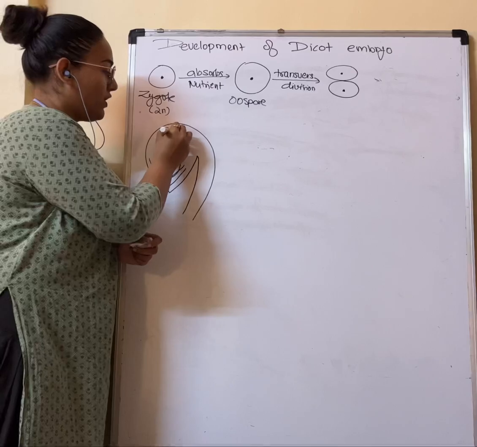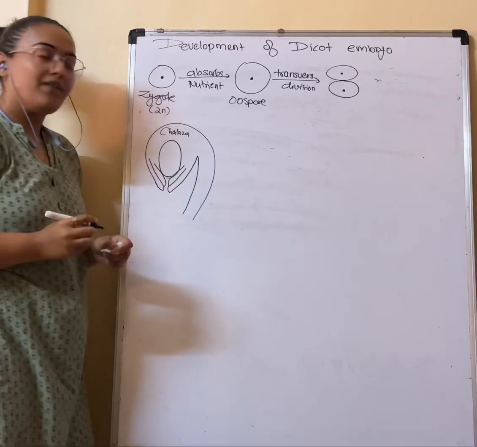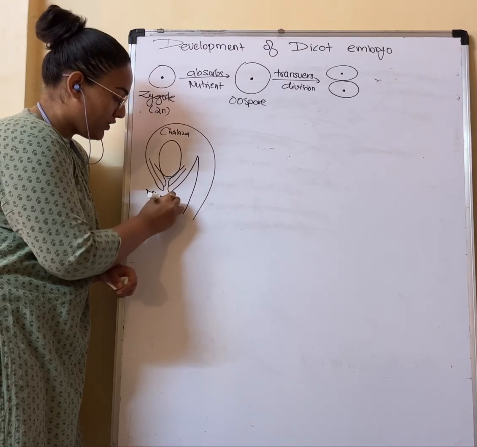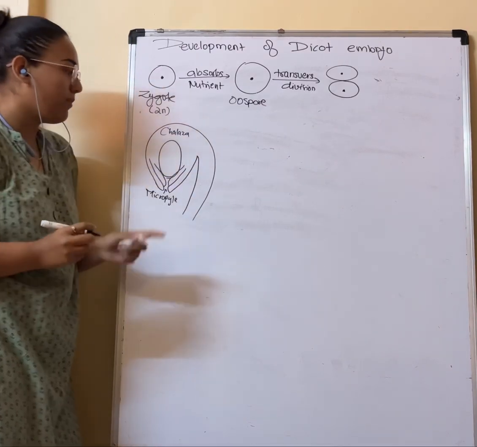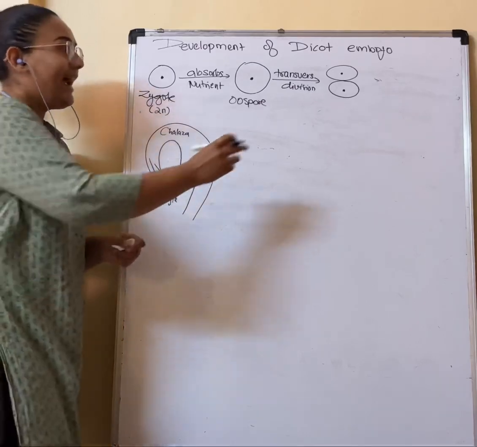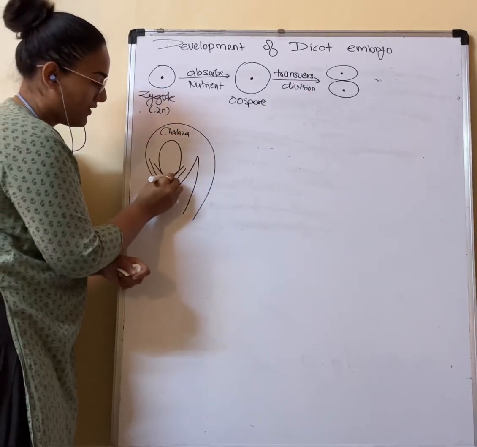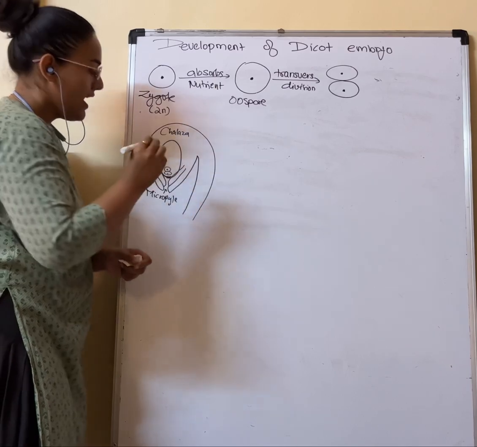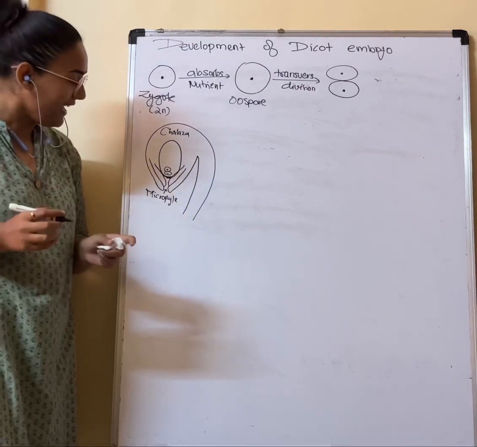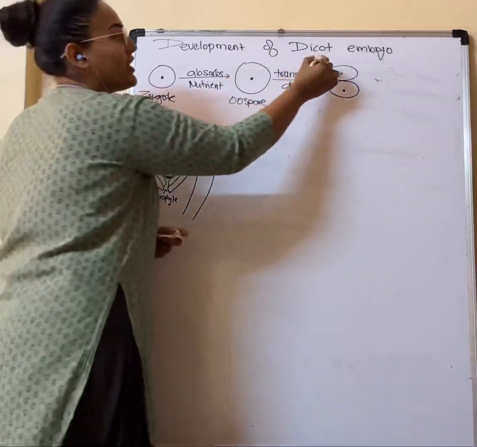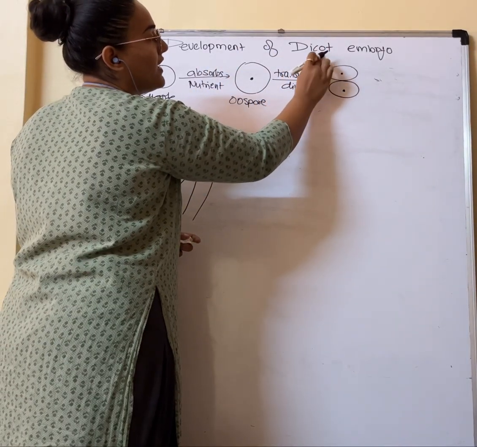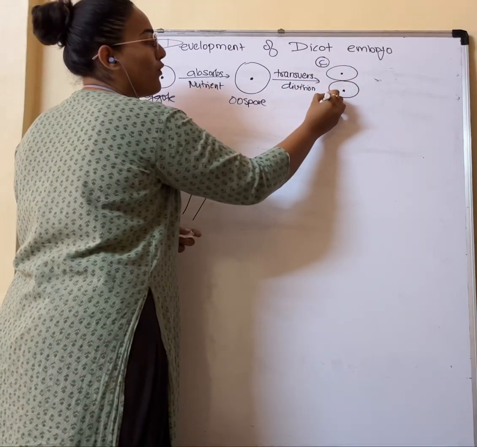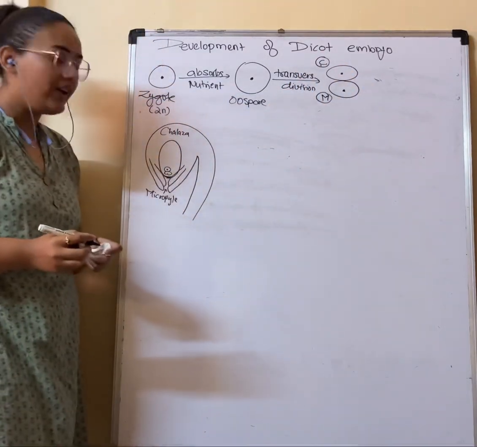This part is your chalaza, we know that very well. This part is your micropyle region. This is your micropyle, that is your chalazal region. And this division is taking place over here, so you are getting two cells, one above the other. I denote these two with C for the chalaza and M for the micropylar region.